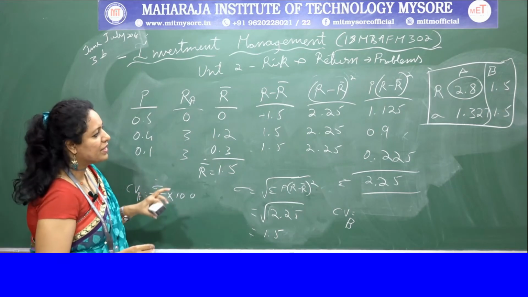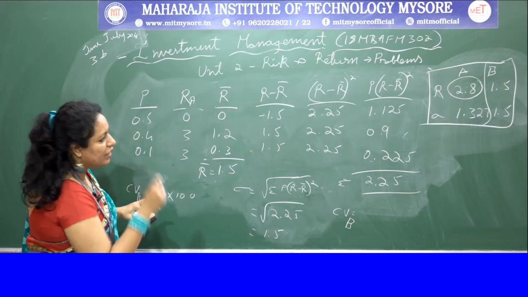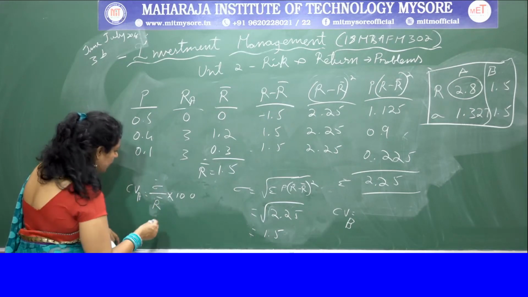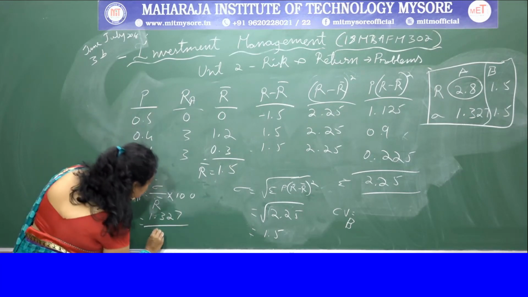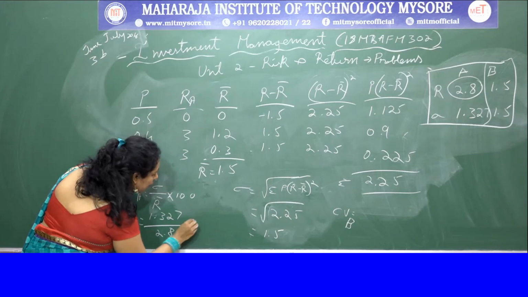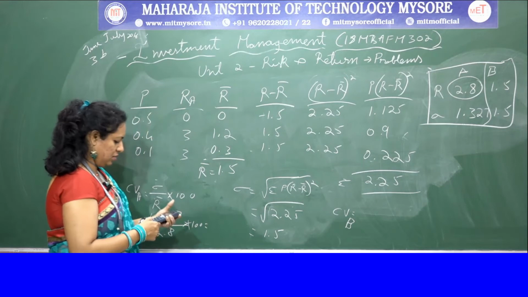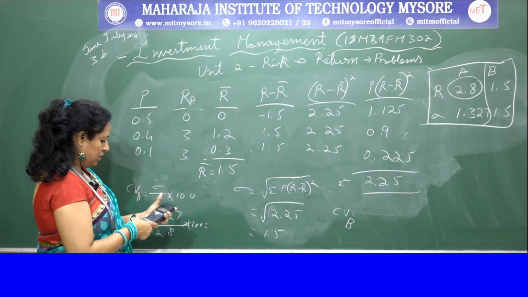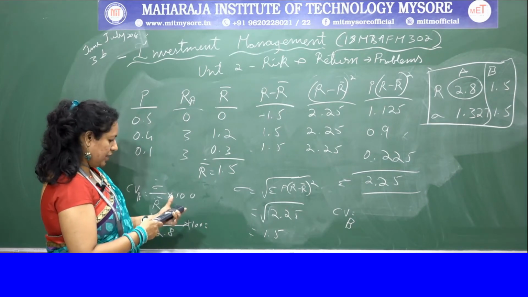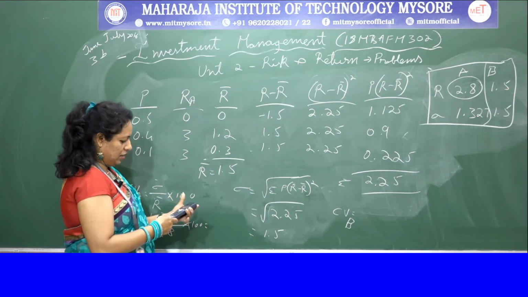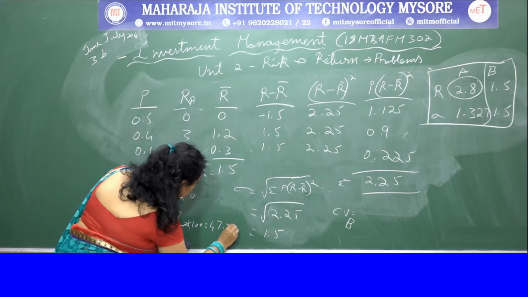So, from the previous problem, standard deviation is 1.327. So, I will write here 1.327 divided by R bar, 2.8, into 100. So, your answer is 1.327 divided by 2.8 into 100. So, you get 47.39.